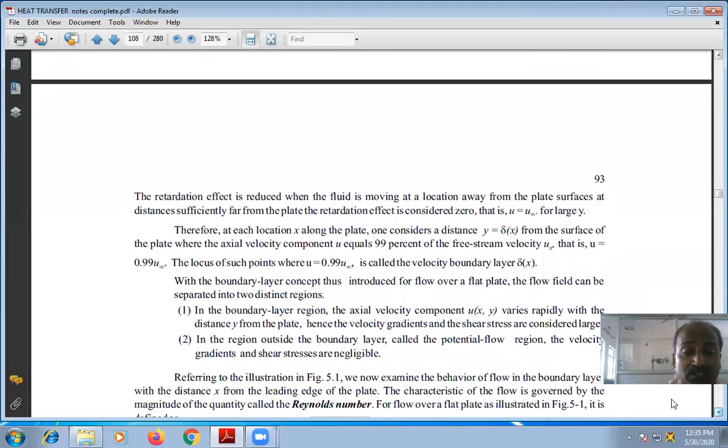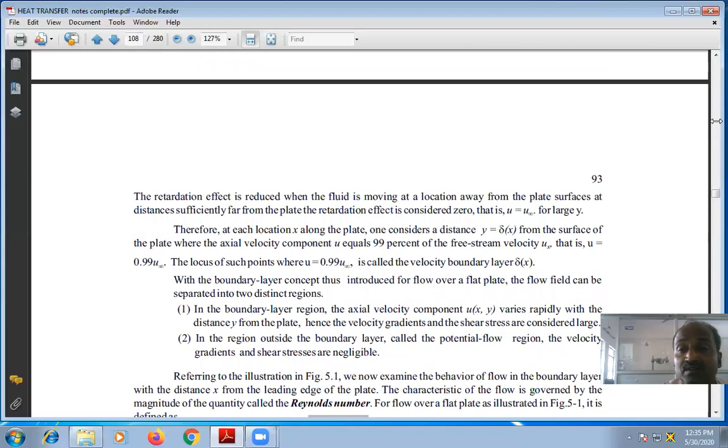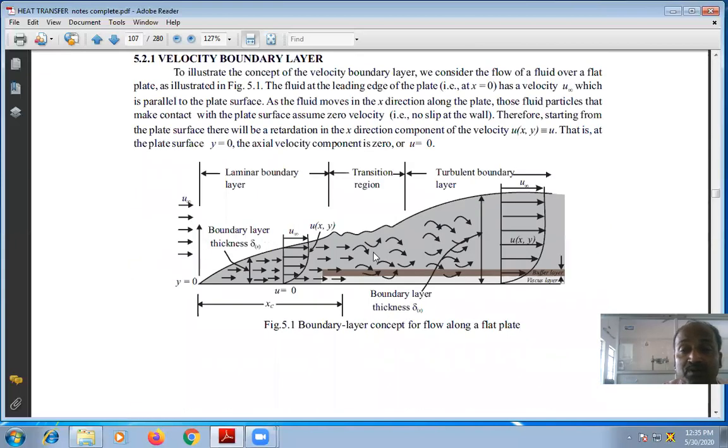The region outside the boundary layer is called the potential flow region, where the velocity gradients and shear stress are negligible. In the upper part the shear forces are less.